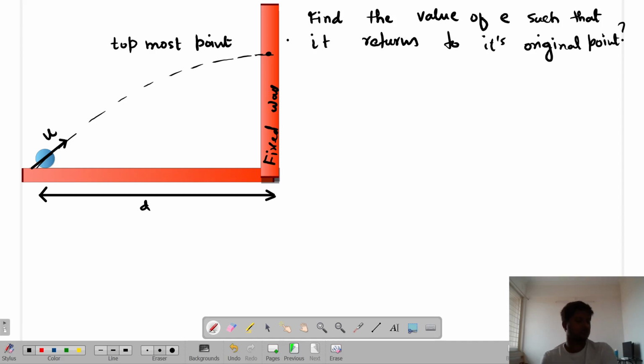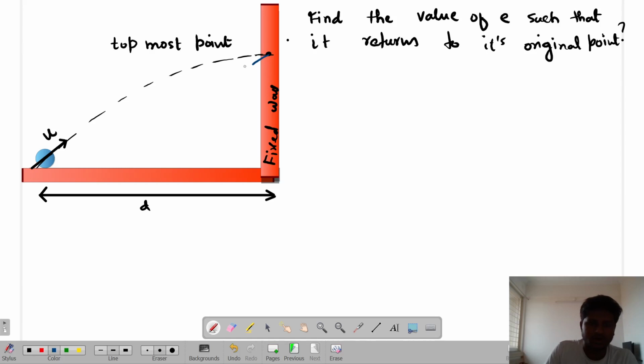Let us do it first, then we'll see. The point is, here, the ball is not directly returning to over there.